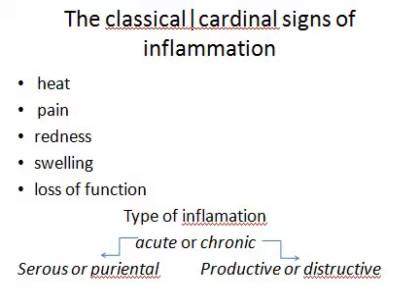Subacute inflammation is considered a transition phase between acute and chronic inflammation. And chronic inflammation presents a prolonged time frame with slight typical symptoms and is characterized mainly by the development of connective tissue.